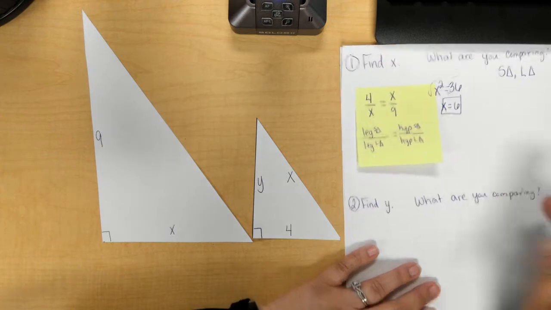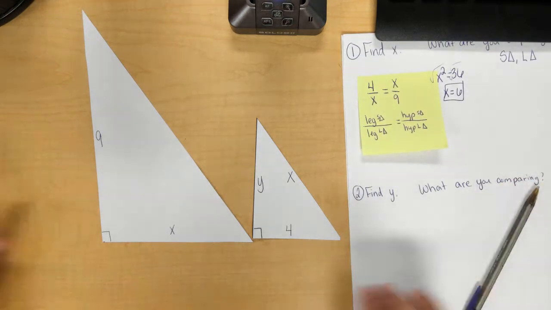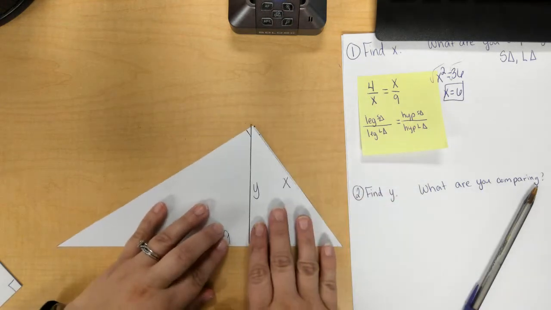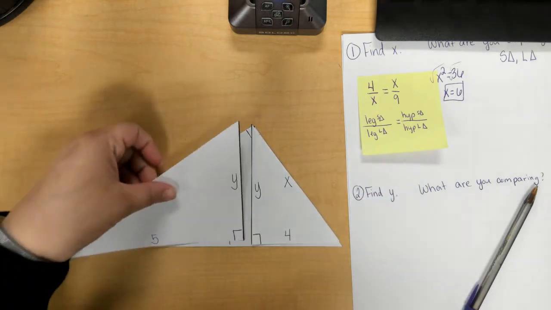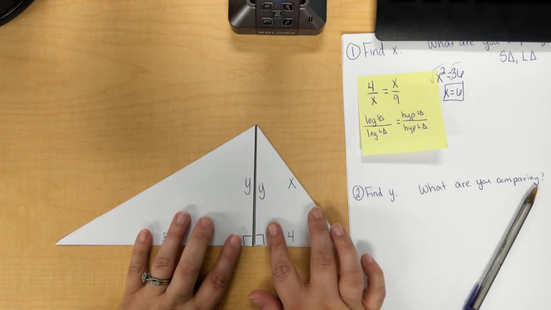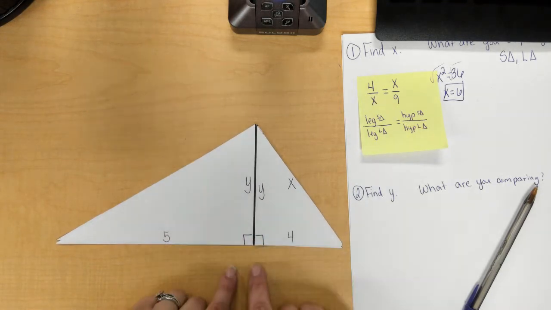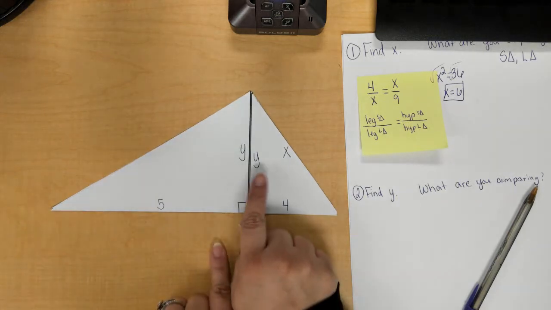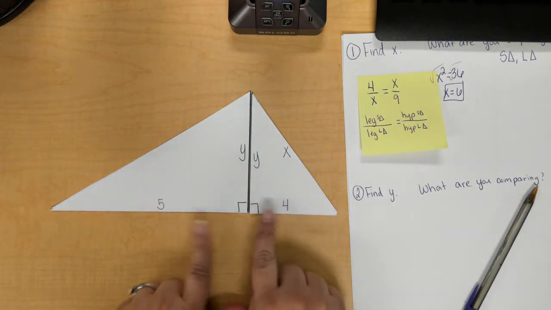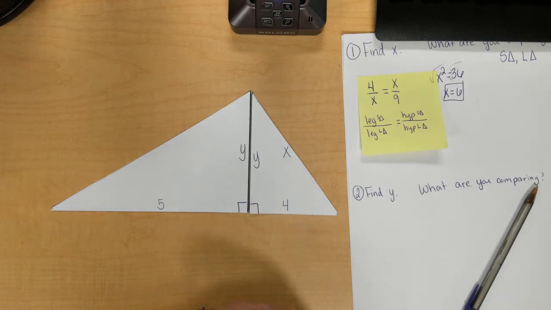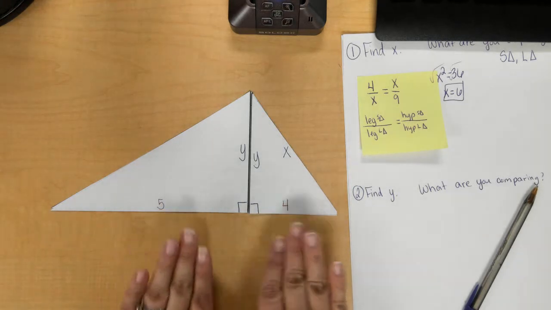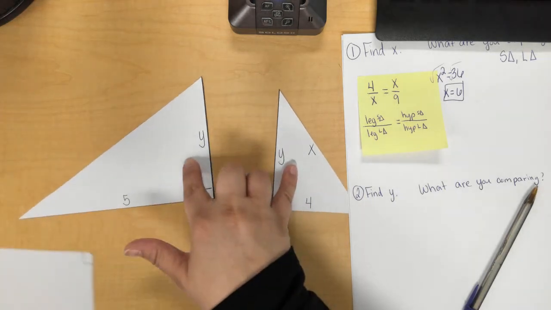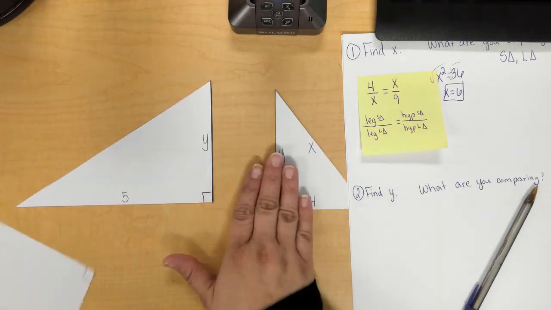The second problem, to find y, I'm going to set up the triangle back in the original format. To find the y value, it looks like legs here, and these are also legs. I want to separate these triangles out and keep just the medium size and the small size.